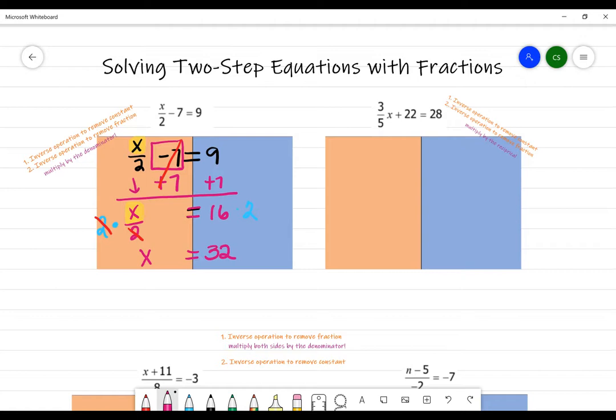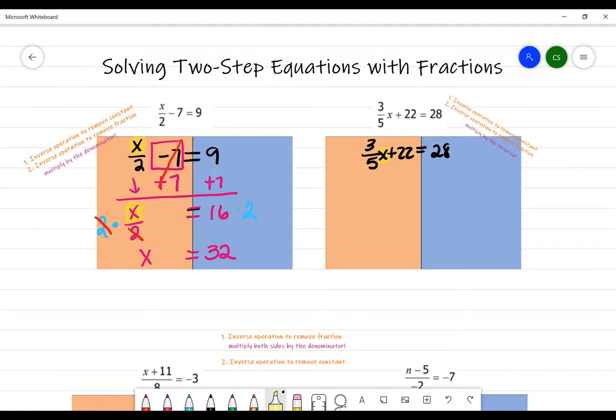All right, 3 over 5 x plus 22 is equal to 28. The goal is still isolating the variable. So I want to isolate x. So I ask myself, what's happening?